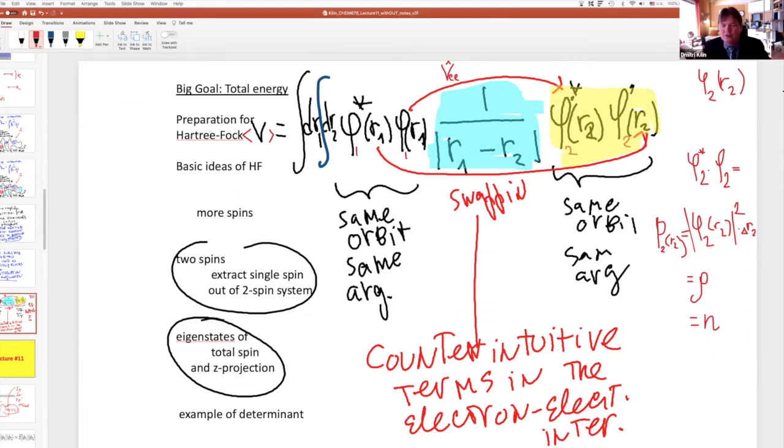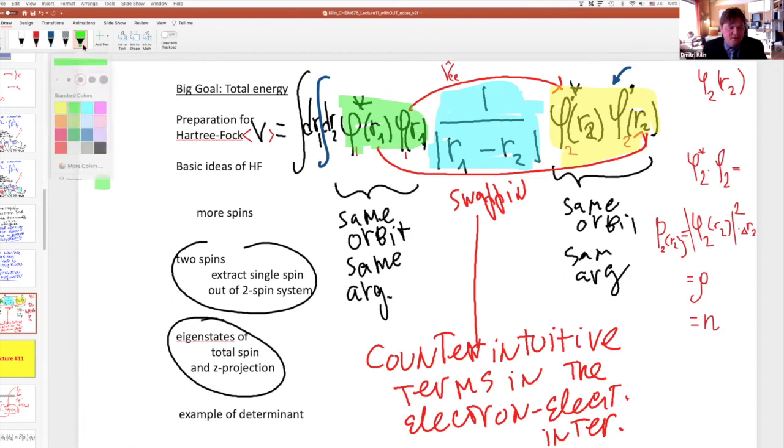So on the right, we have the density of electron number 2. On the left, we have the density of electron number 1, or the probability to find electron 1, right? Now, let me do a picture for this.